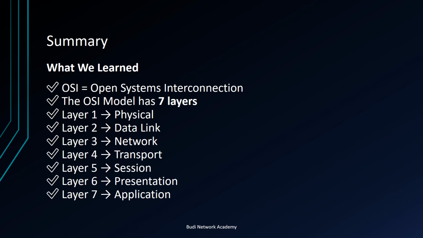Layer 4, transport, TCP and UDP. Layer 5, session, managing communication sessions. Layer 6, presentation, data representation, encryption and compression. Layer 7, application, network services and application communication. Understanding these 7 layers gives you a strong foundation for learning more advanced networking concepts.